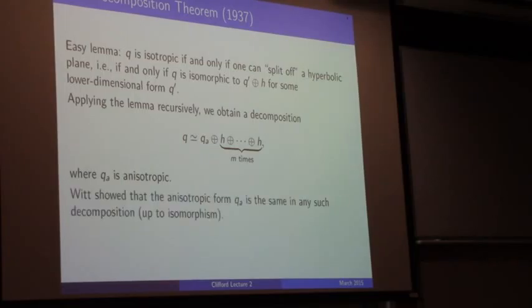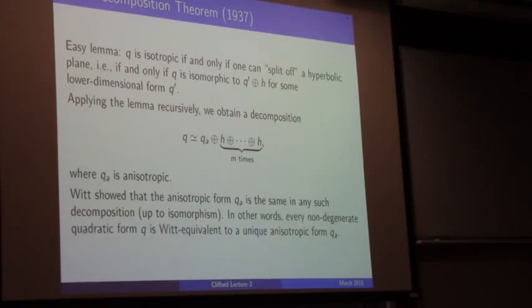And one can show that this anisotropic form is uniquely defined. It doesn't matter how we split off these hyperbolic planes. So in other words, every non-degenerate quadratic form is Witt equivalent to a unique anisotropic form Q_A.